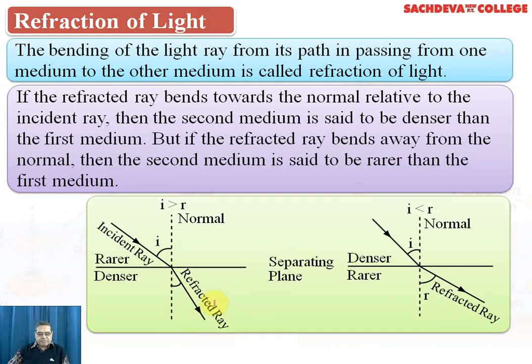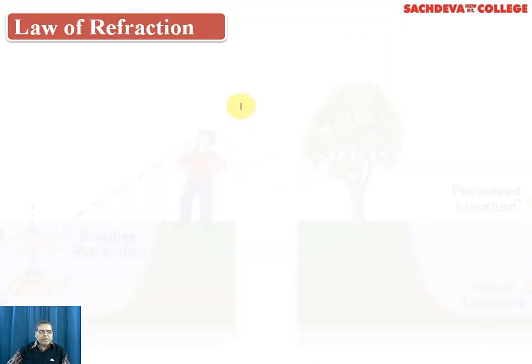And as I have spoken earlier, I is greater than R. So R is within the denser medium and I is in the rarer medium. And now we see the second figure, that is towards the right. We are finding that the wave is moving from denser to rarer. So refracted ray bends away from the normal, and angle of incidence will be smaller as compared to angle of refraction. Now we come towards the laws of refraction.